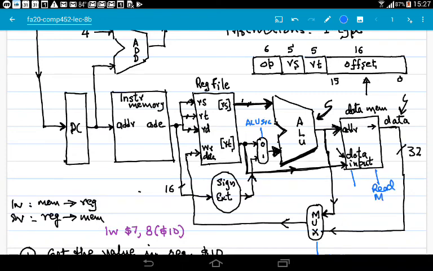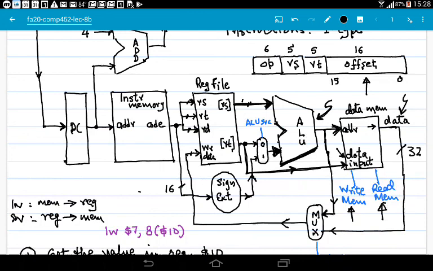Read mem and write mem. For a load word instruction, read mem will be asserted. For a store word instruction, write mem will be asserted. Okay, so now our data path is complete for R type instructions and for load word and store word instructions.